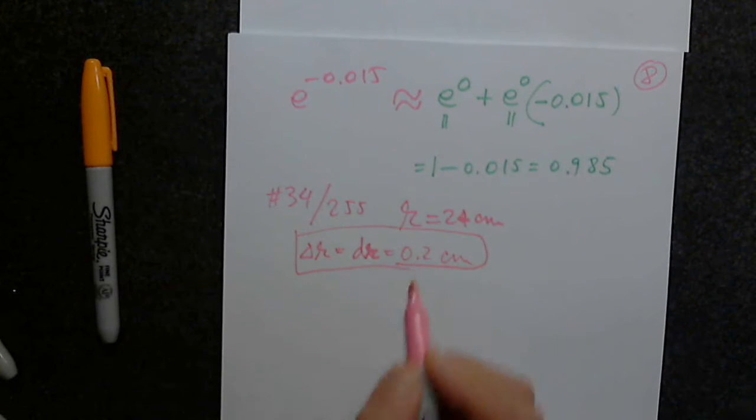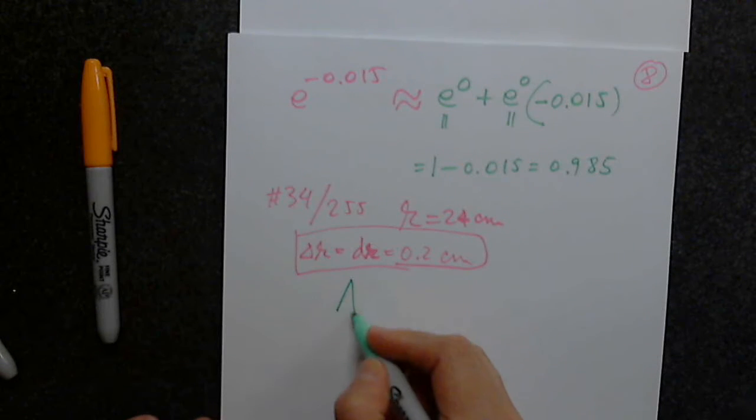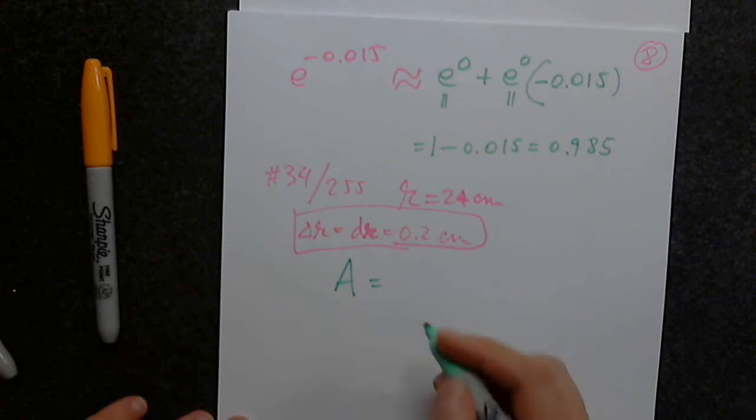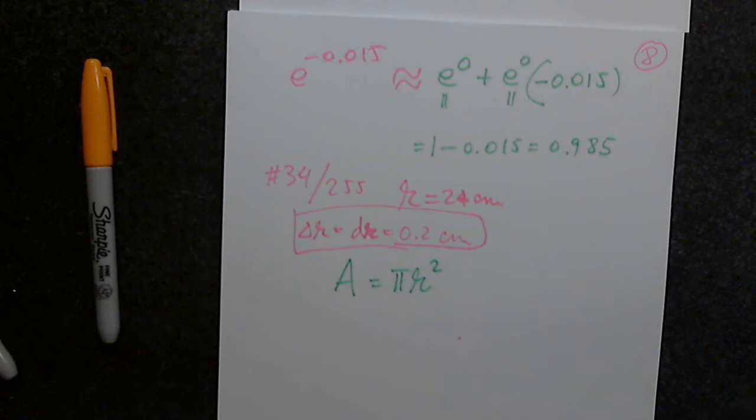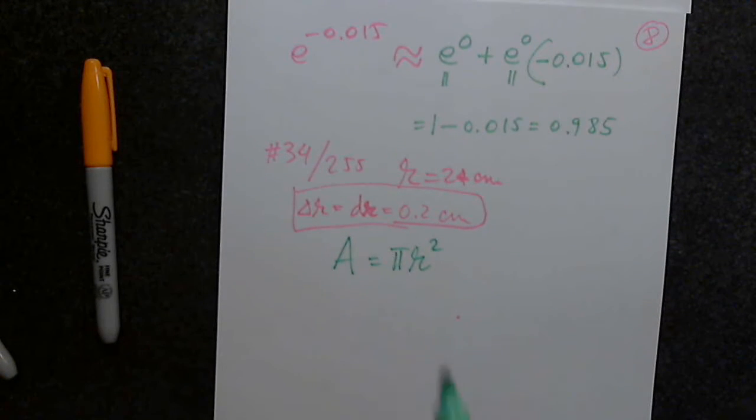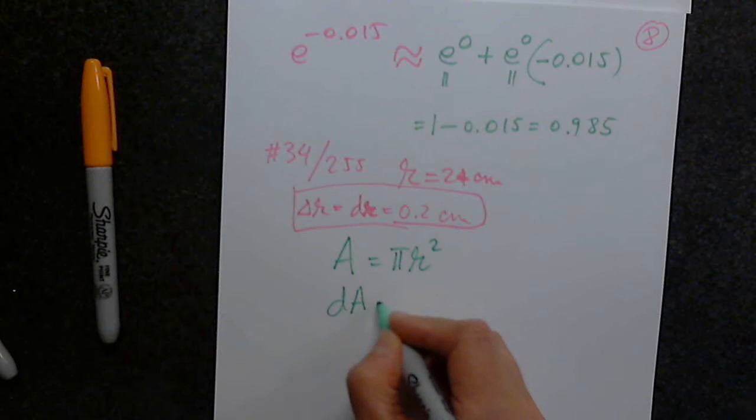They are the same. Okay. Use differentials to estimate the maximum error in the calculated area of the disk. Now we have to remember how we calculate the area of a disk. The area of the disk is pi r squared. Agreed? Good. So we're asked to find dA.